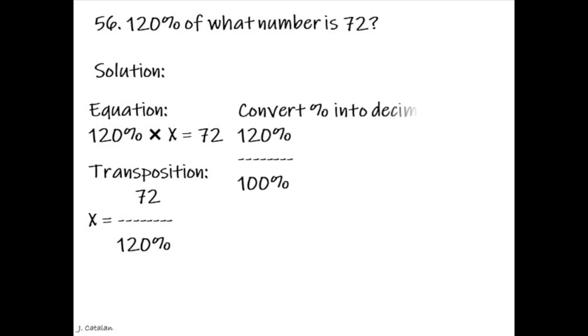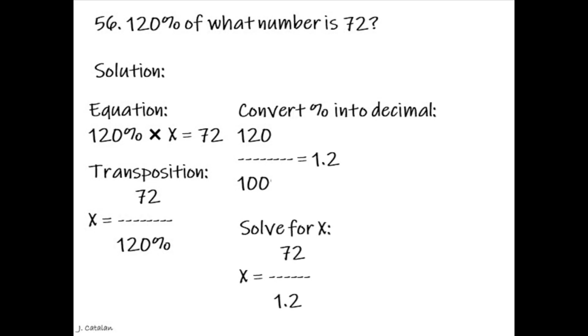Convert 120% into decimal. 120% divided by 100%, crash out percent sign, then do the division process. The result is equals to 1.2. Solve for x. X is equals to 72 divided by 1.2. The result is x is equals to 60.